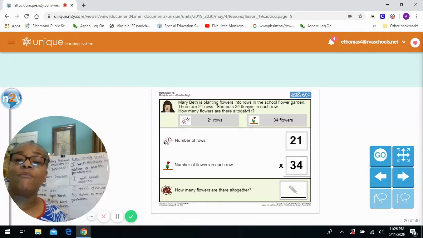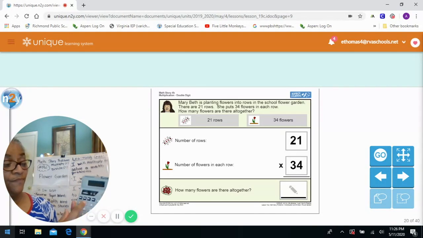She puts 34 flowers in each row. How many flowers are there all together? The number of rows is 21, and the number of flowers in each row is 34. So we'll use our calculator and solve it that way.